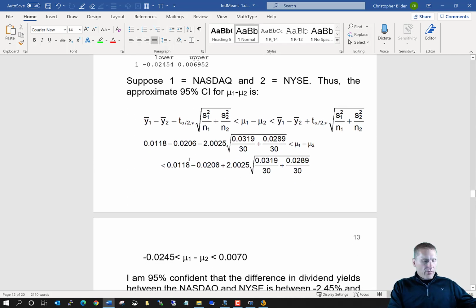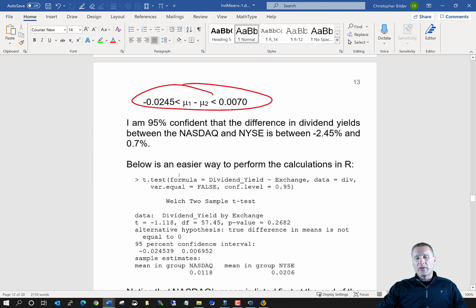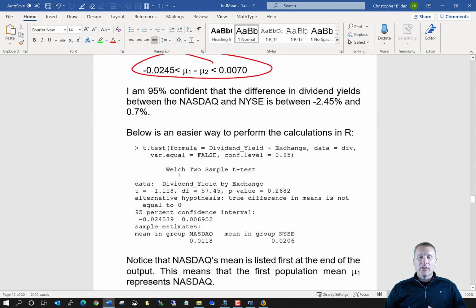On the bottom of page 12, I actually went through the calculations, writing everything out so you can see how all the components come together. Here's our confidence interval as well. One possible interpretation would be I am 95% confident that the difference in dividend yields between the NASDAQ and New York Stock Exchange is between negative 2.45% and 0.7%.